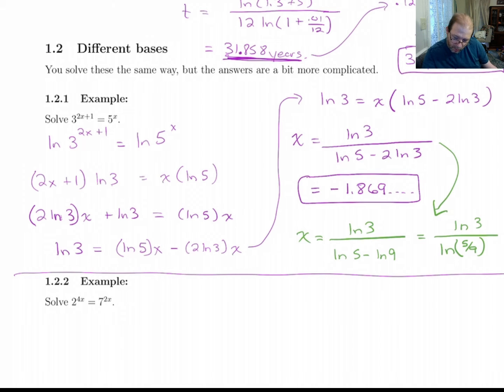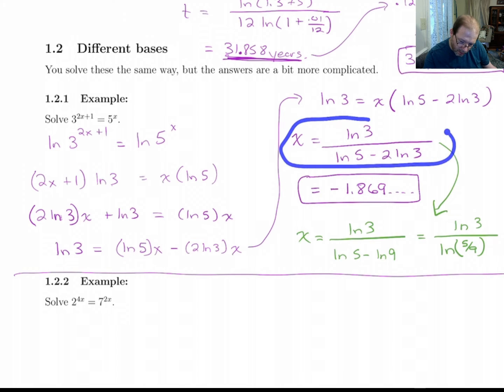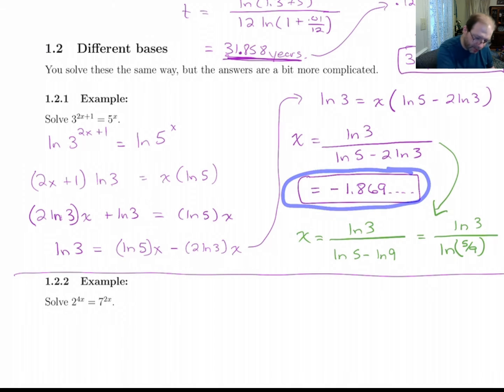So both this up here, this and this are both good ways to write the answer in an exact form, and both will give you this for your decimal answer.